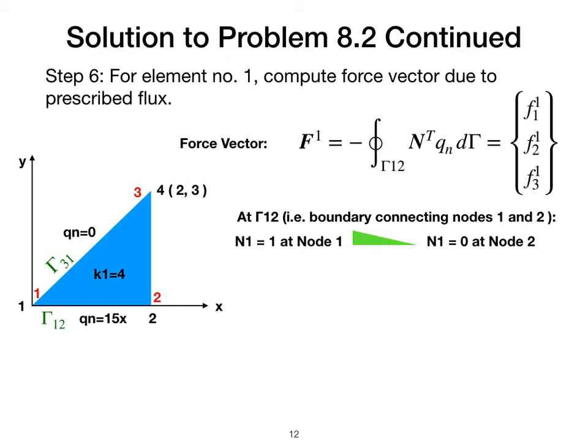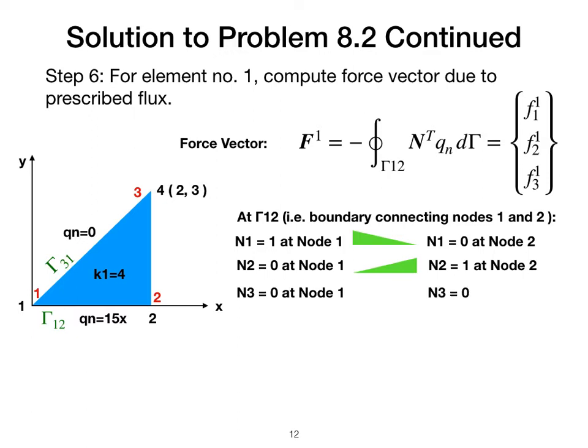It varies from 1 to 0 linearly. Similarly, N2 is equal to 0 at node 1 and it is equal to 1 at node 2, and it is linear. We have seen this in the previous video lecture. So N2 varies linearly from 0 to 1 at gamma 1 2, and N3 is equal to 0 at node 1 and N3 is equal to 0 at node 2. So at gamma 1 2, N3 is always 0.